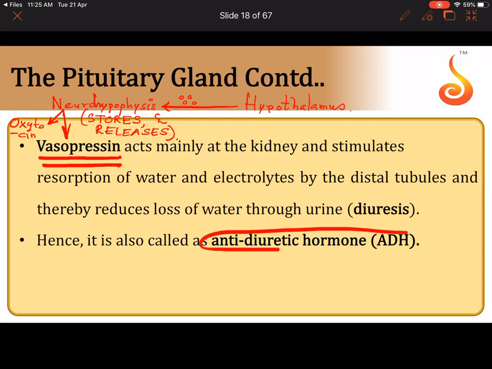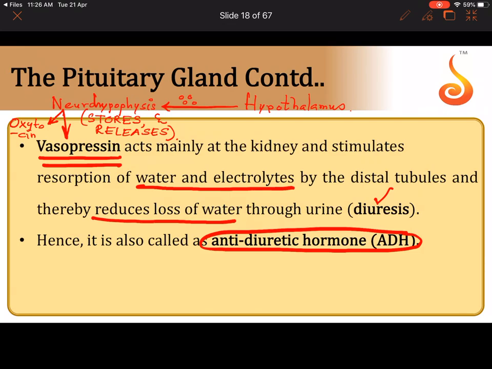Vasopressin is also called antidiuretic hormone because it ensures that water and electrolytes are taken back from your urine into the blood, and therefore it will prevent production of dilute urine. You will not lose water in urine, and when you lose water in urine, it is called diuresis, but it prevents loss of excessive water and dehydration, and as a result it is called antidiuretic.